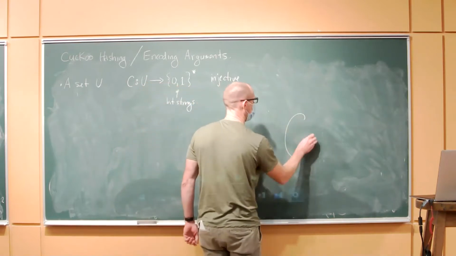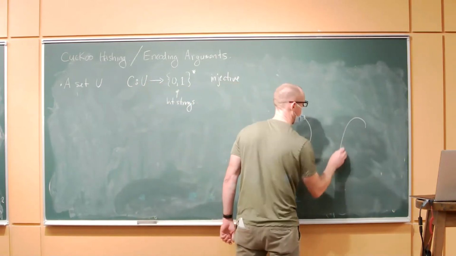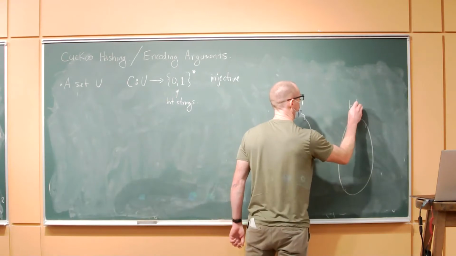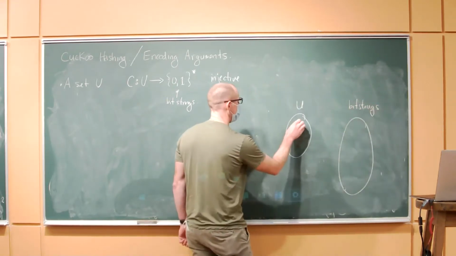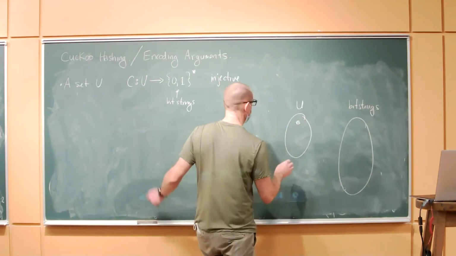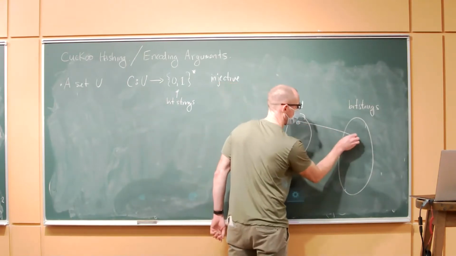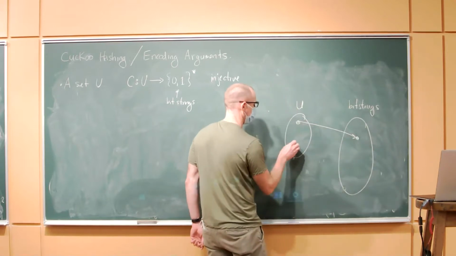Okay. So I have the set U that I'm trying to encode. I have the set of all bit strings of any length. And I have a function C, which takes each element of U and maps it onto a bit string.